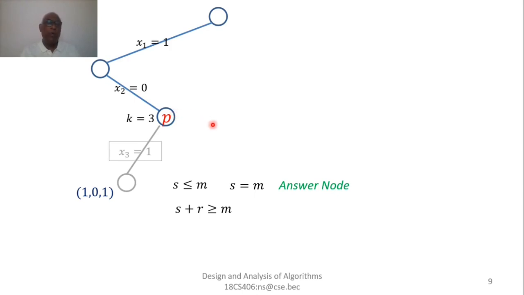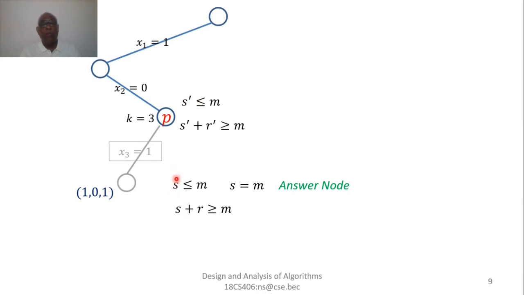Now let's try to write the bounding function at the parent, which is already satisfied. How does the bounding function look like? S dash should be less than or equal to M, because at the parent probably the sum of the weights chosen is S dash. And the sum of the remaining weights probably is R dash. So the bounding function might have been satisfied: S dash plus R dash is greater than or equal to M. But we know that with respect to the node xk equal to 1, there is a definite relationship between S prime and S. What is the relationship between S prime and S?